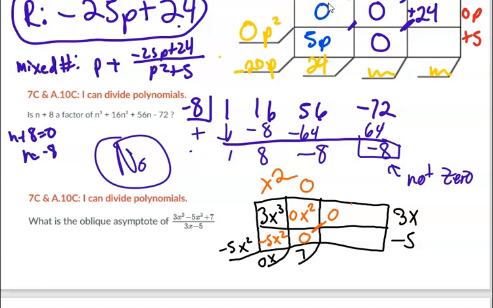This needs to be 0, 0. And then these need to be 7. And so this is your remainder. So your remainder is not 0. So the oblique asymptote would be your quotient. Y equals x squared.